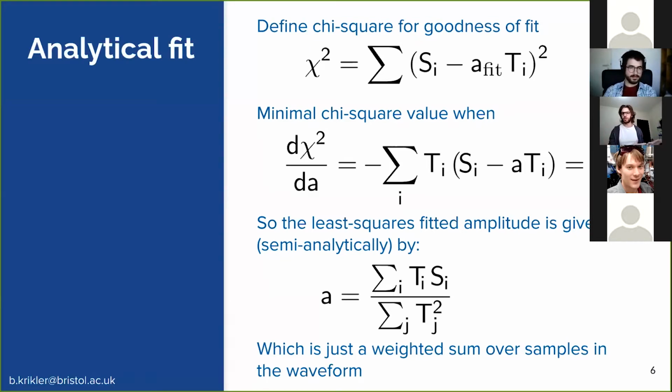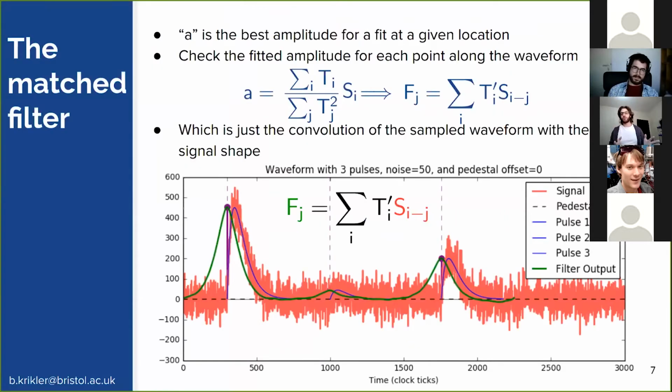By differentiating it, setting it to 0, and rearranging, you get straight away a formula for the value of a. Now, you've put your template, the pulse you expect to get at a specific location, and you've immediately extracted the value of a. And now you can move that pulse to the next location and immediately extract the next value of a, and just repeat. And what you're doing when you do that repetition is essentially convolution.